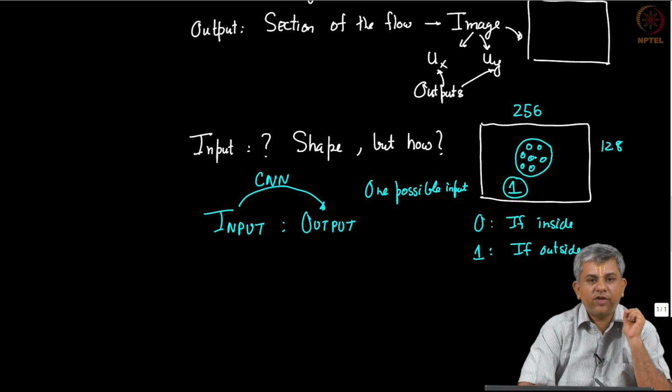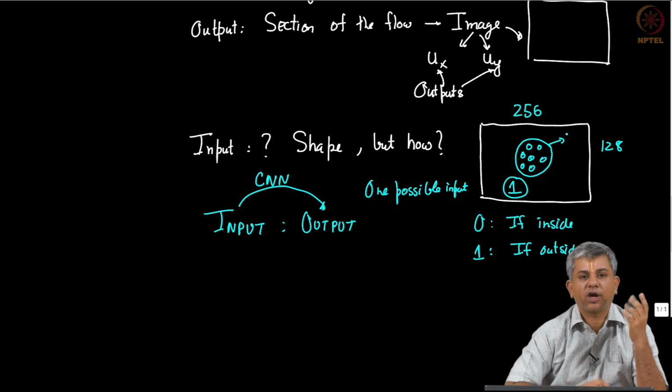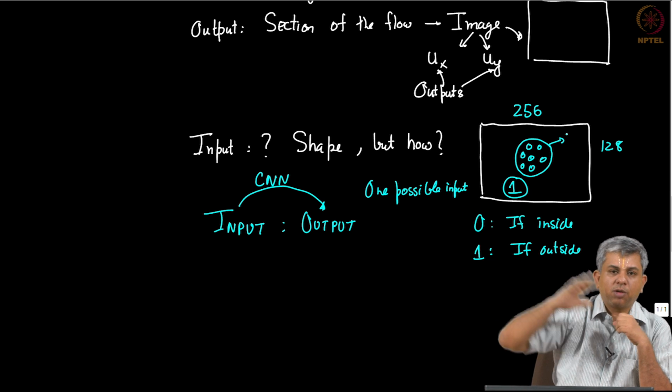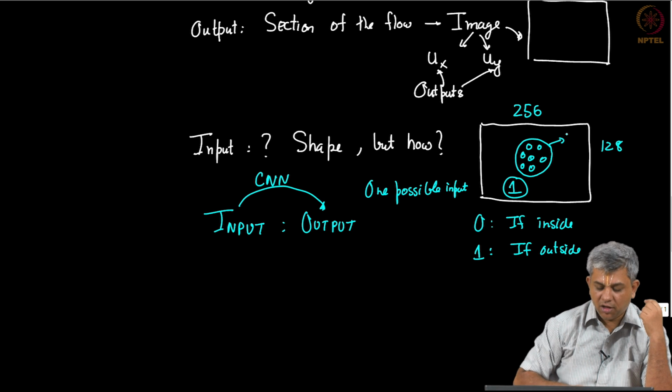Okay. Now, we know from fluid mechanics that it matters how close you are to the body. Okay. Perhaps you can see this even if you do not know fluid mechanics, the further and further away I am from the body, the lesser and lesser it will matter what the shape of the body is. Okay.